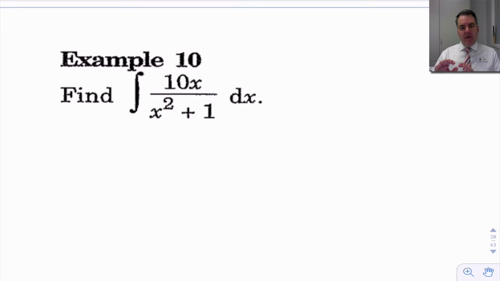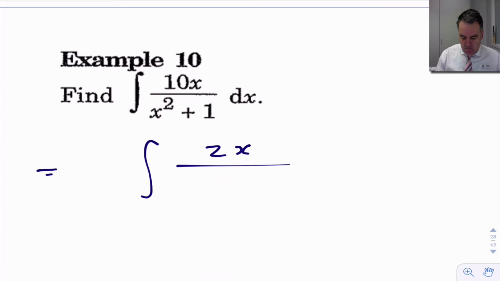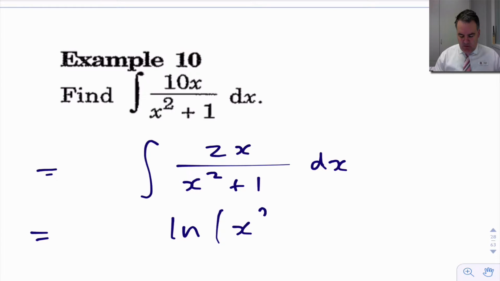Remember, we're trying to get functions in the form derivative over original. So I really want to force this thing into looking like this: 2x over x squared plus 1. That's what I want it to look like, because then I know that the answer to this one here that I've just written is ln x squared plus 1 plus c.